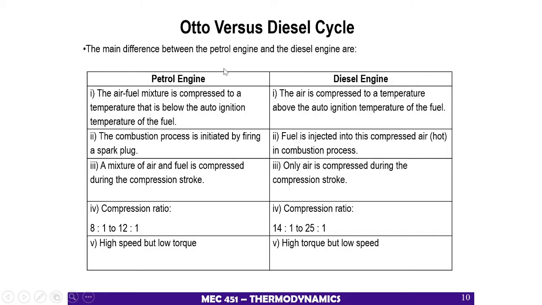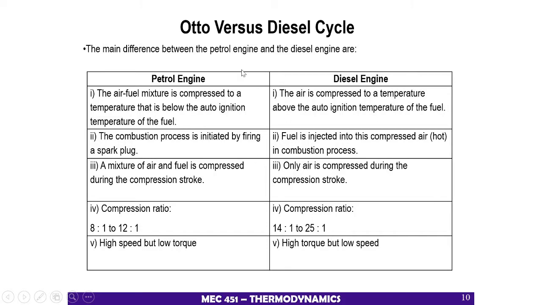A petrol engine has a mixture of air and fuel compressed during the compression stroke. For a diesel engine, only air is compressed during the compression stroke, and the fuel is injected near the end of compression. A petrol engine has a compression ratio of 8 to 12, while a diesel engine has a higher compression ratio of 14 to 25.